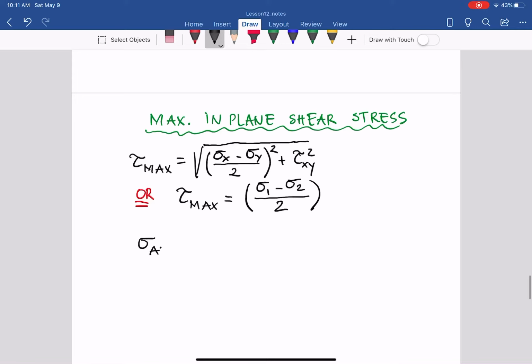So sigma average on that plane equals, as the name implies, sigma x plus sigma y over 2.